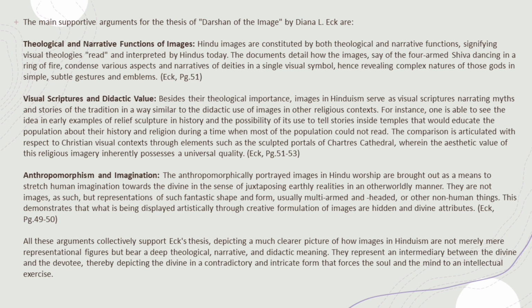The text details how images, say of four-armed Shiva dancing in a ring of fire, condense various aspects and narratives of deities in a single visual symbol, hence revealing the complex natures of those gods in simple, subtle gestures and emblems.